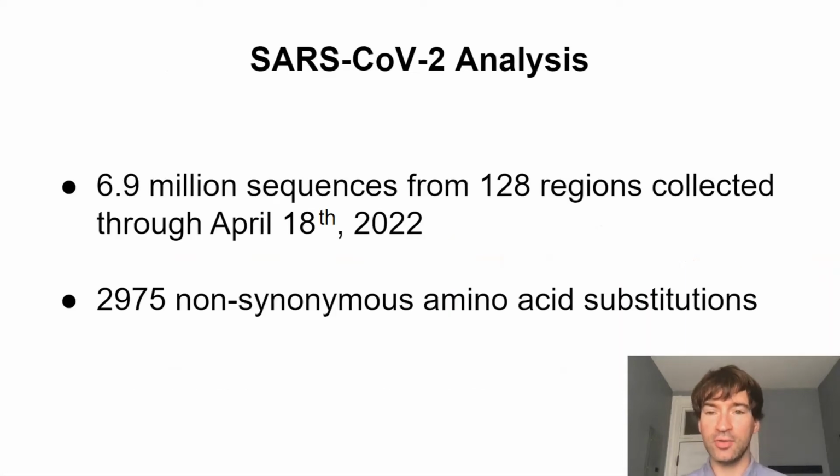So now moving on to our actual data analysis from genomic surveillance data provided by GISAID. So we did an analysis on 6.9 million genomic sequences collected from 128 different regions through April 18th of this year. We looked at 2,975 non-synonymous amino acid substitutions, although you could easily look at more if you were so inclined.